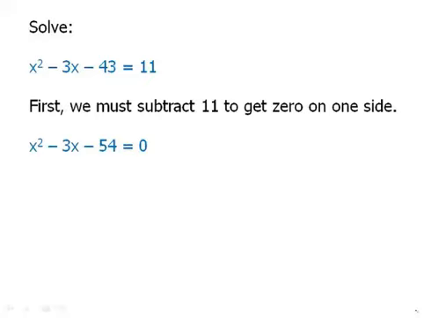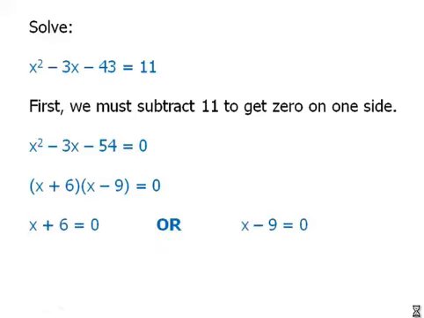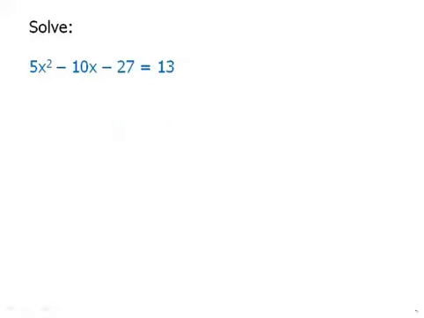So if we have a positive 6 and a negative 9, those will add to negative 3. Those are the numbers we need. Then we apply the zero product property, set each one of those equal to 0, and solve. Again, notice that I'm being very careful to write the word "or" at each step. Again, the word "or" is not decoration. The word "or" is a valid piece of mathematical equipment here.